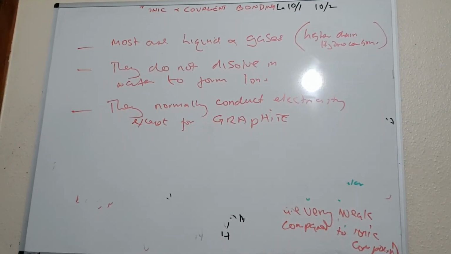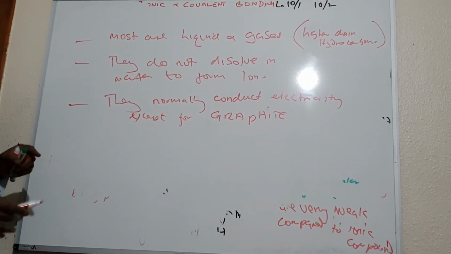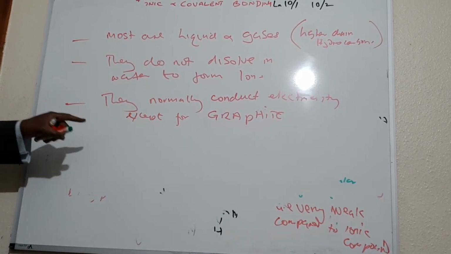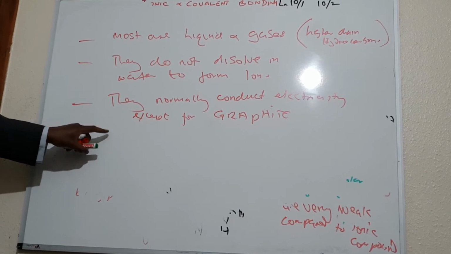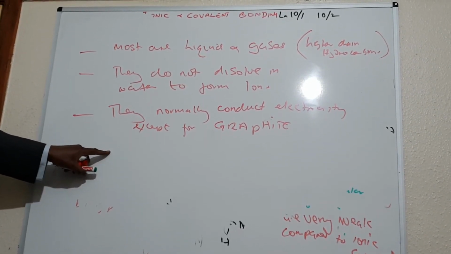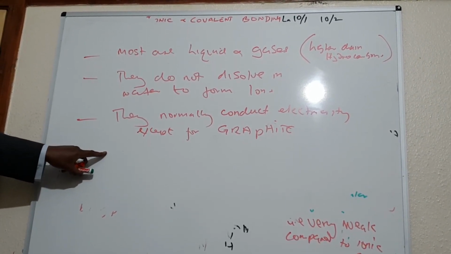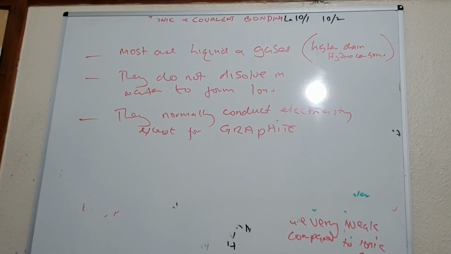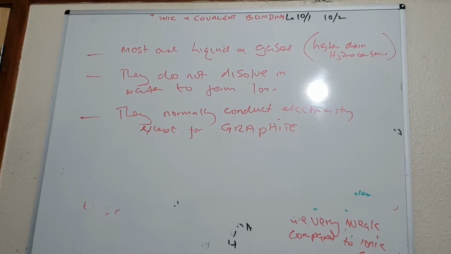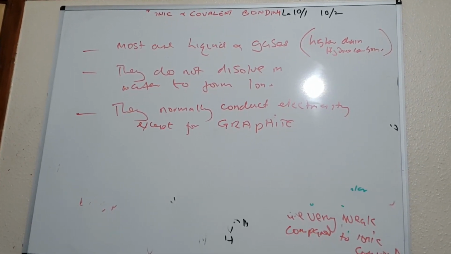In graphite, there are some stray electrons that will conduct electricity. But the rest of the giant covalent compounds like diamond, silicon, graphene, they don't conduct electricity. Diamond is one of the precious stones. It's only carbon.